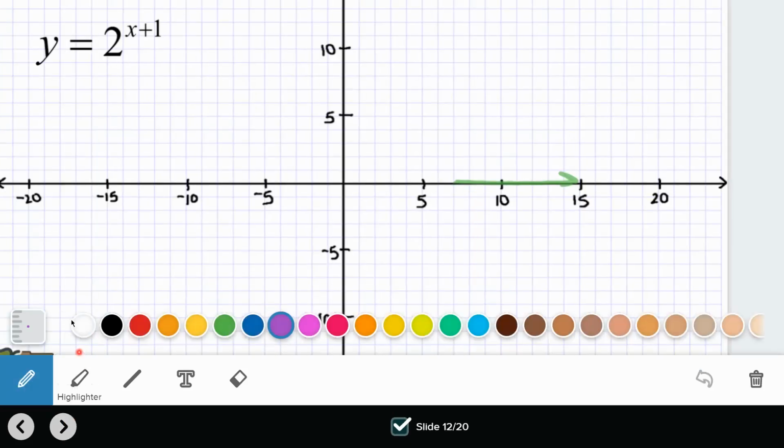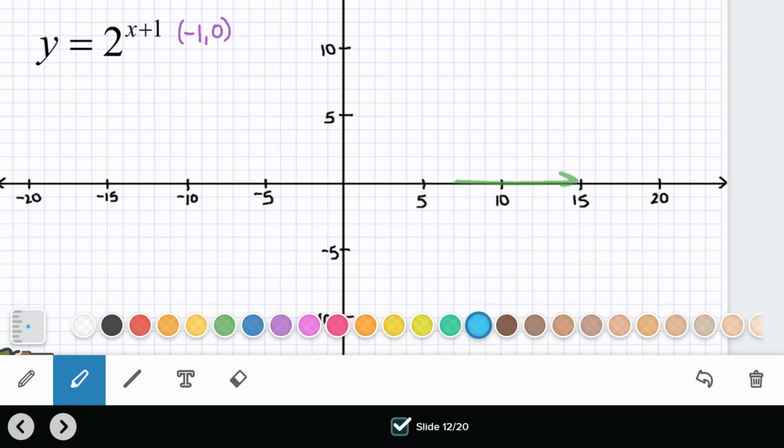Okay, the next one, another exponential. This exponential is going to be moving to the left one. So if you wanted to think about kind of a locator point, it would be -1 comma 0. And I do have a horizontal asymptote at y equals 0.